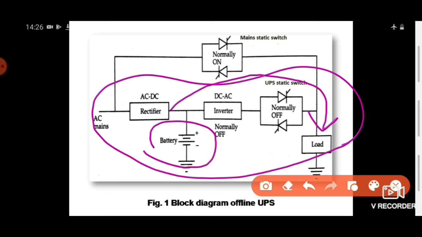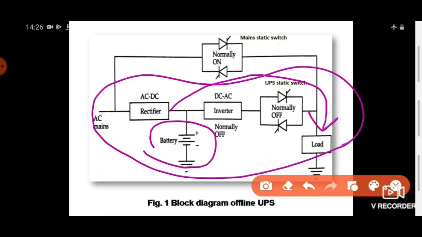Okay. Now the total time taken by the system to sense, that is, to detect if there is any power failure or not, and to make a changeover from mains to the UPS.